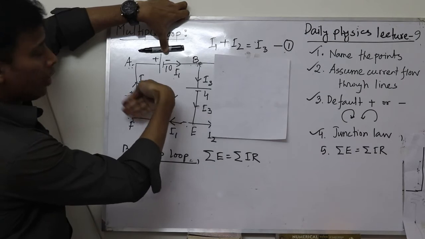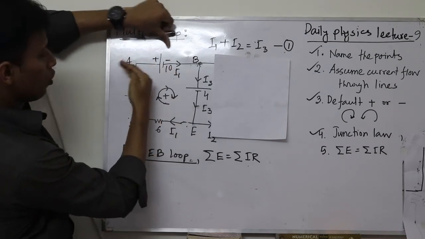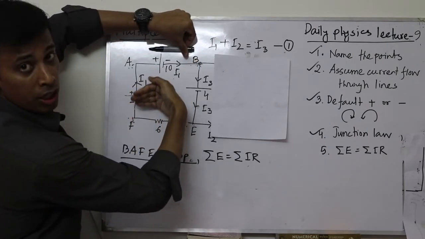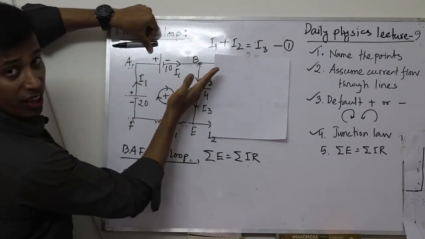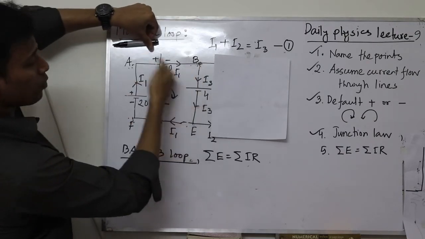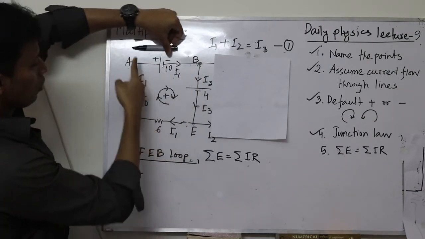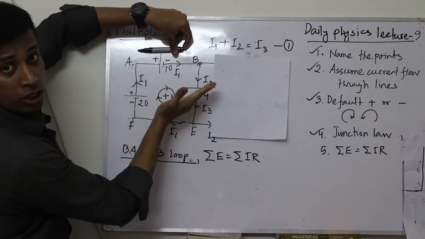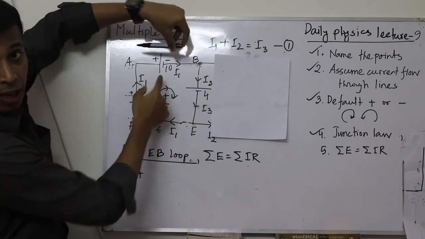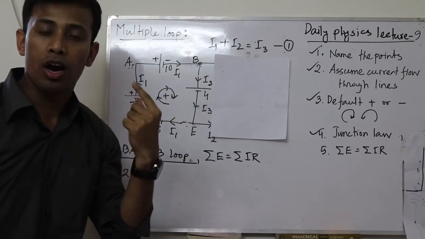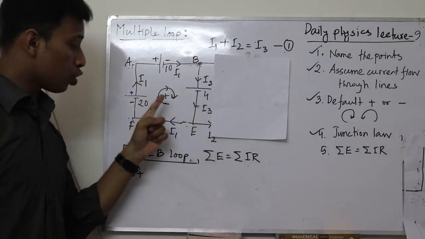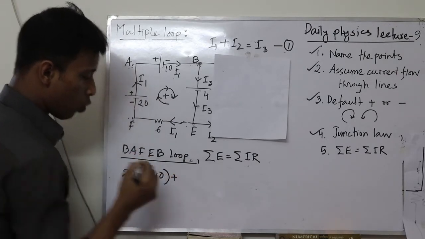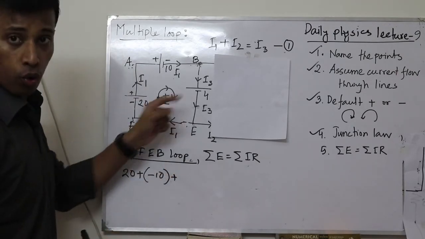That's the direction of the cell, and that's the positive clockwise direction. So this 10 volt cell is acting anti-clockwise, so this should be negative. So minus 10.